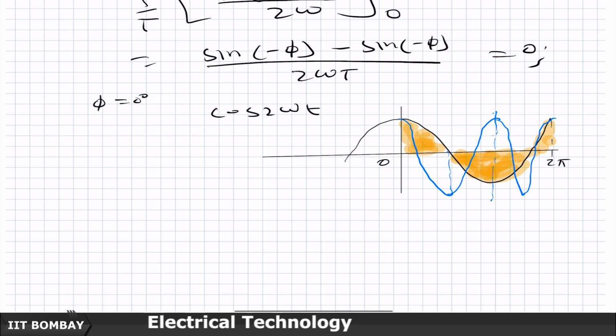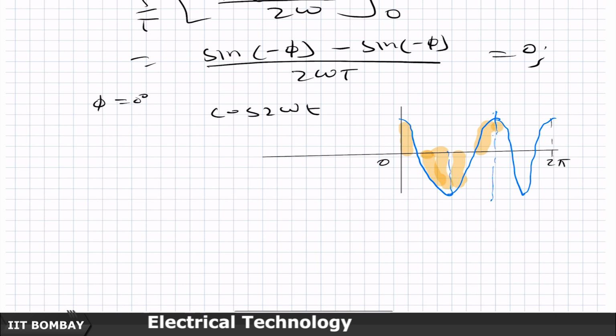And if you look at the same thing now with respect to the double frequency waveform, again this area will cancel out with this area, equal and opposite quarter cycles. Again this cancels out with this area.